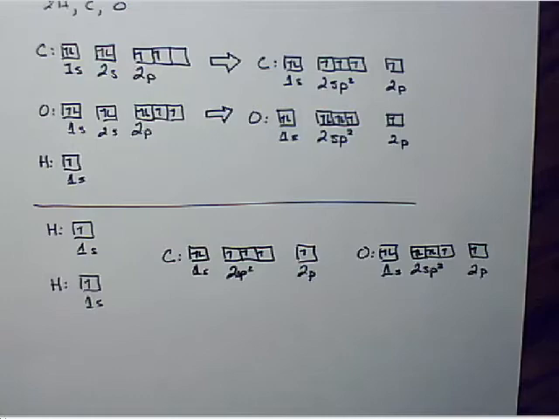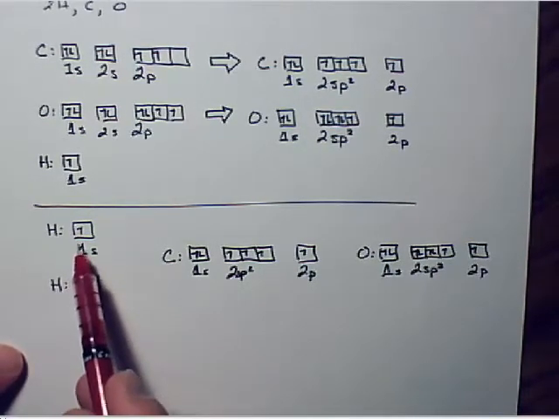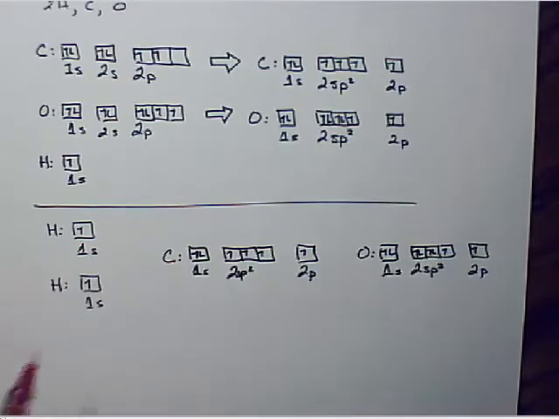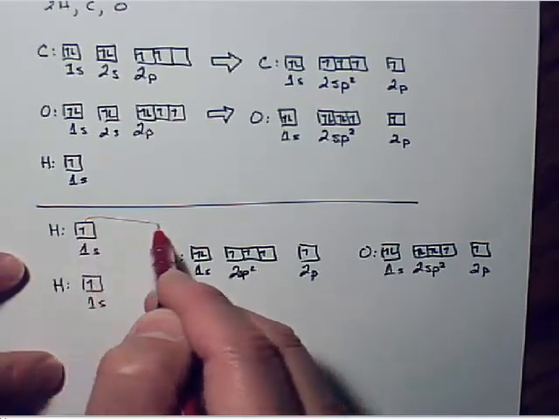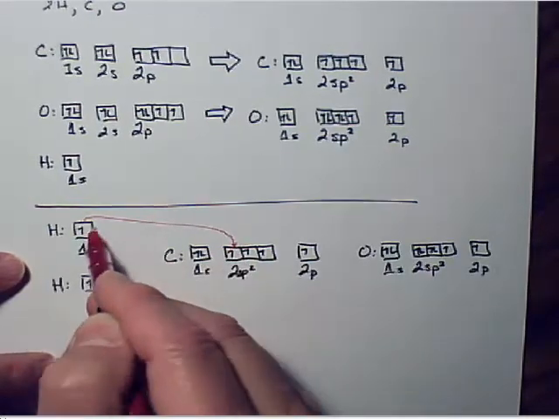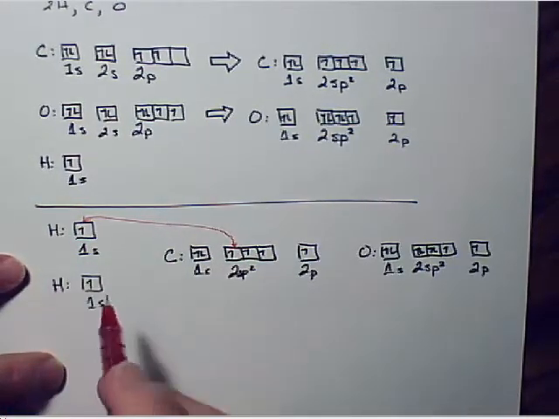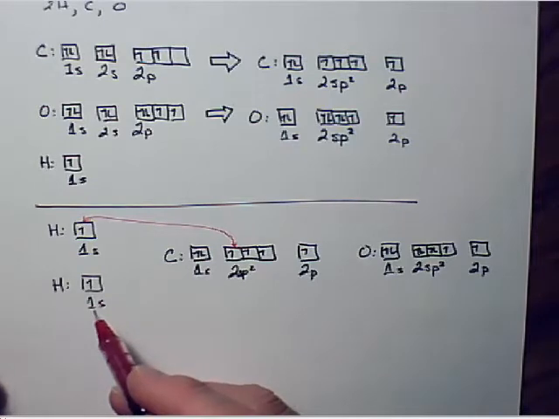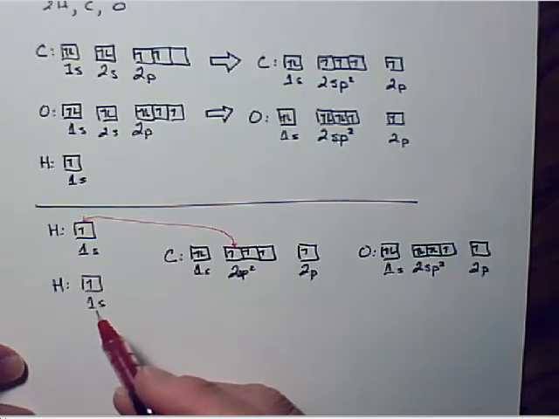So when we share all these electrons, in order for the hydrogens to have 2 electrons and the carbon and the oxygen to have 8 electrons in the valence level, then we can share this electron here. Those orbitals get shared. So it's not only the electrons that get shared in covalent bonding, it's the orbitals themselves. The orbitals get shared, and as a result you have what's called a sigma bond.